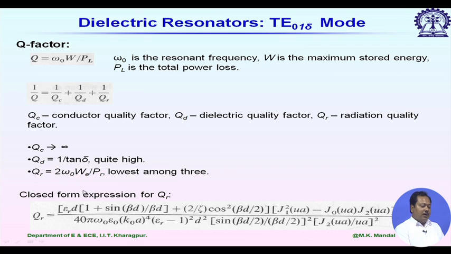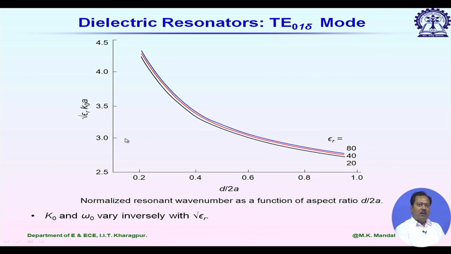We have a closed form expression to calculate QR, given here. It is a function of d, the height of the resonator, epsilon r, the dielectric constant of the material being used, and also the diameter 2a. Let me show you a graph of how the resonance frequency varies with aspect ratio d by 2a and the dielectric constant.